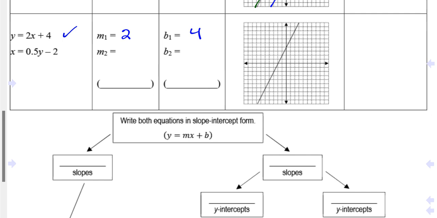I'm going to add 2 on both sides of my equation to give me x plus 2 is equal to, and I'm going to write that 0.5 as a 1/2 y, because then I can see to isolate my y, I need to multiply both sides of the equation by 2.